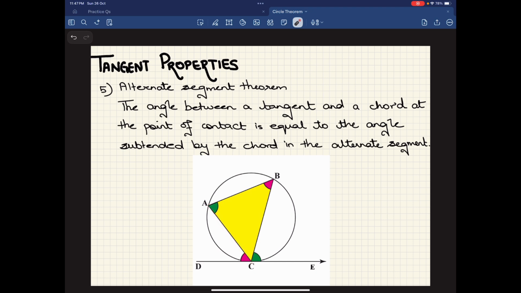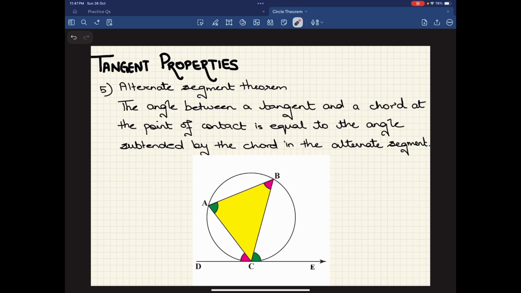Okay, and what is a segment? Basically, a chord divides the circle into 2 segments. So this is one segment, also known as the minor segment. And which is the other segment? This is the other segment, also known as the alternate segment.